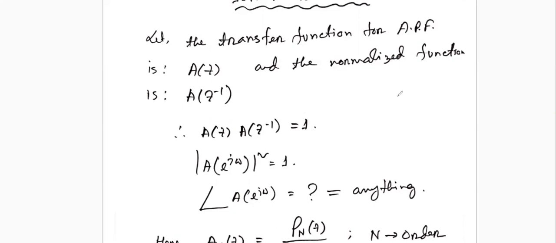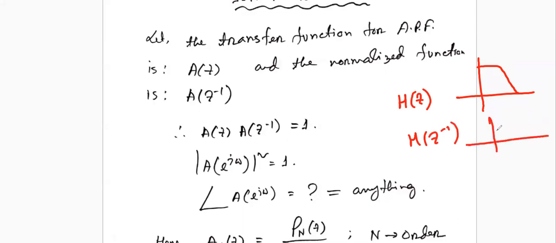Let's say you have a function H(z) and you have its inverse function. What is H(z)? Let's say it looks like a low pass filter. Now the inverse function obviously looks like a high pass filter.